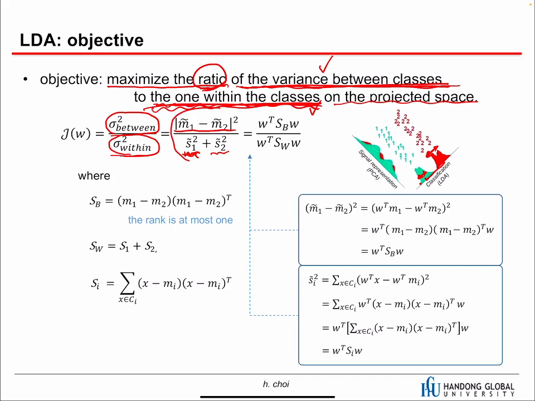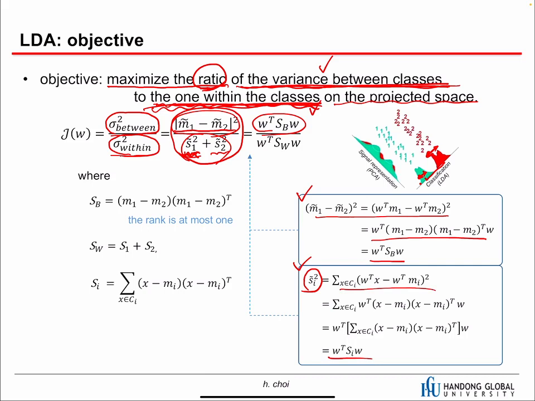Okay, so now we defined this objective, and if you follow these equations, they are simple. This one can be rewritten by this, and this S sub I tilde square is this one.